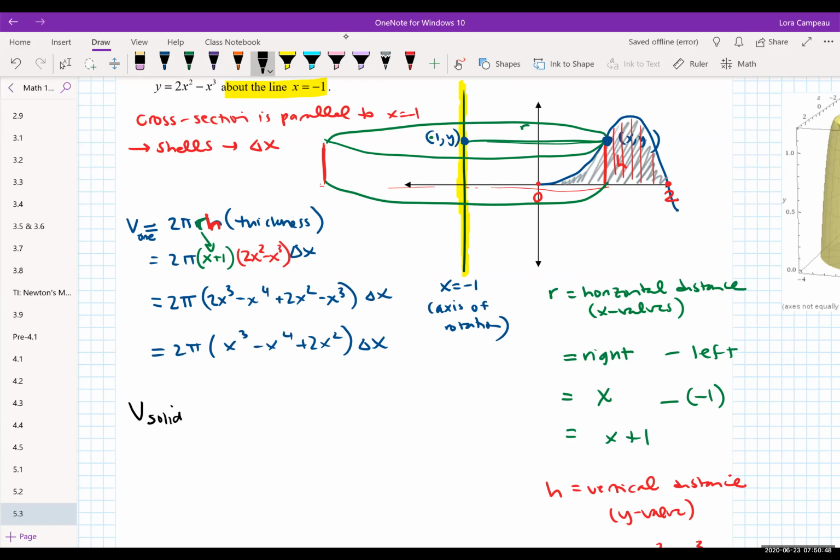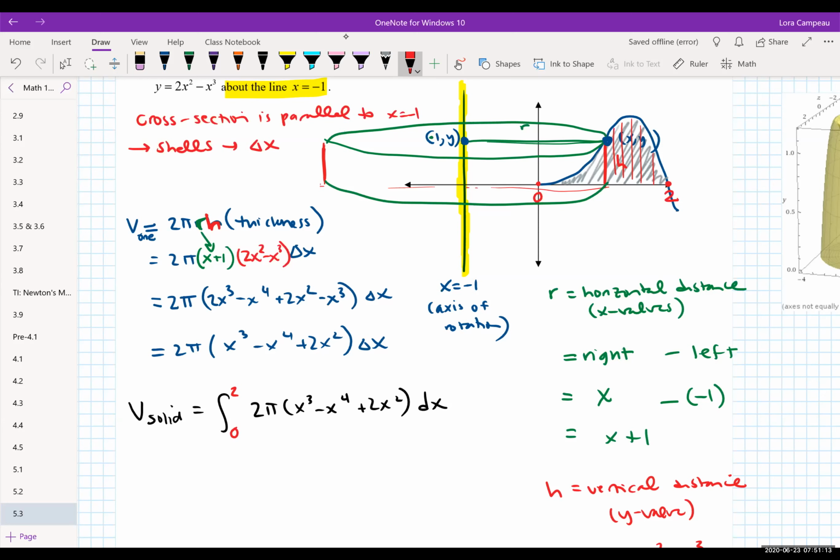So finally, the volume of the solid. We're taking the integral of that expression we just developed with respect to x. And that also justifies that we're using 0 and 2 as our limits of integration based on our x values. So take your time.